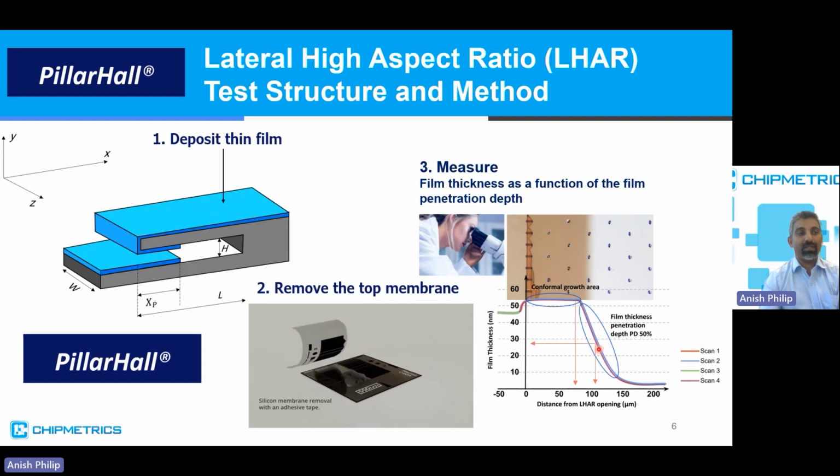So the PD50 in this case is around 150 micrometers. So you see the initial around 50 nanometer, then you see the decrease in the film thickness, and then where the film ends. So this can be utilized for the reaction process, for example, for the kinetic studies of your process.